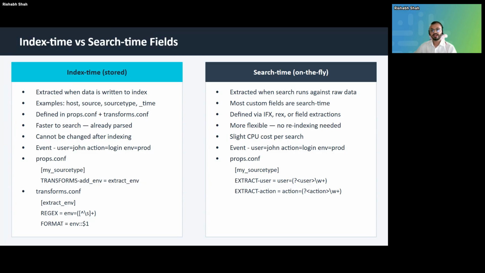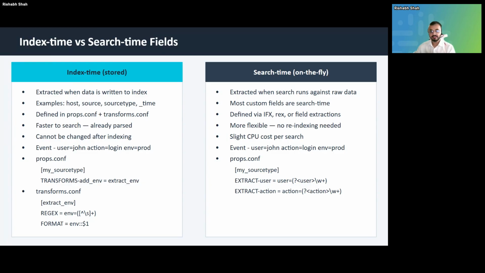It's very useful, right? So we can create search time extractions. There are multiple ways to do it, as I mentioned earlier, like IFX, rex, and erex. It's very flexible, and we can typically write it in the SPL using the pipe rex command. I'll show how it will look, but yeah, it's easier.